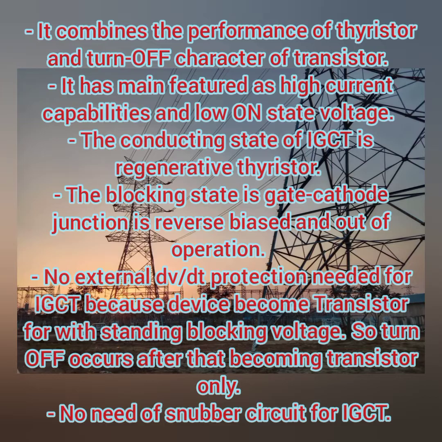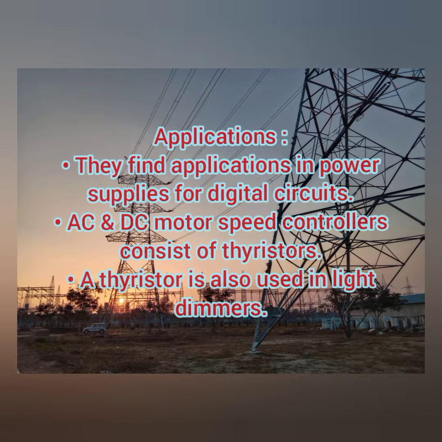So in this case we will overcome these unwanted costs also. Then for application, it is normally used in digital circuits, then for AC and DC motor speed control, then for your light dimmer circuits. So it is an advanced turning on and turning off of your thyristor.